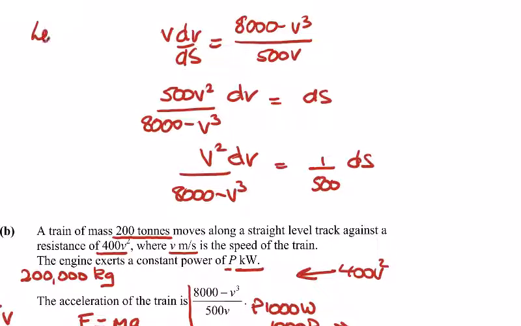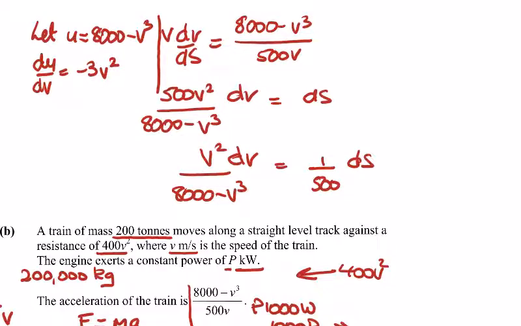If we let u equal the bottom, 8,000 minus V cubed, then du dv is equal to minus 3V squared. So multiplying by dv and dividing by minus 3, minus 1 over 3 du is equal to V squared dv.